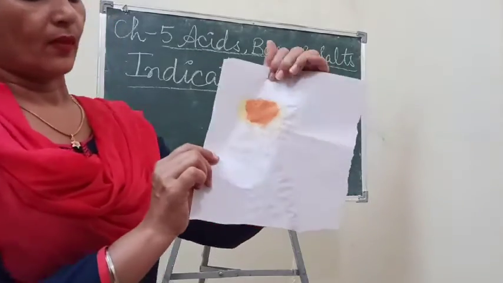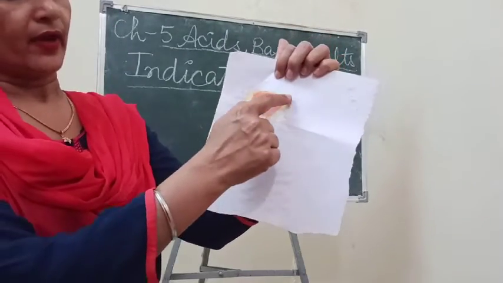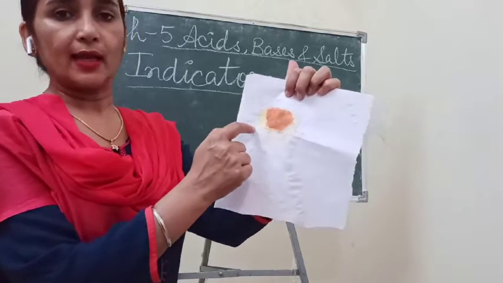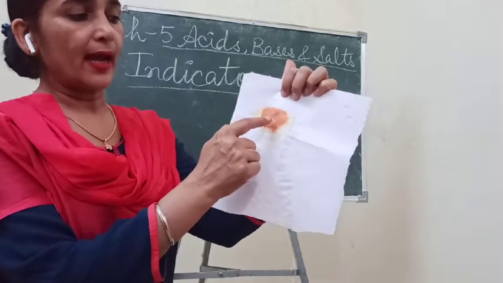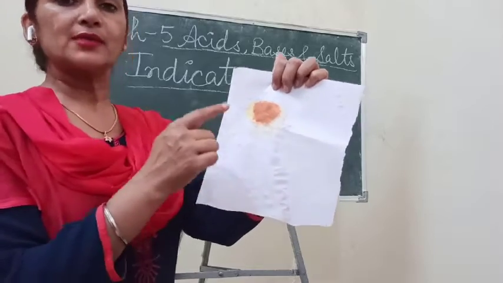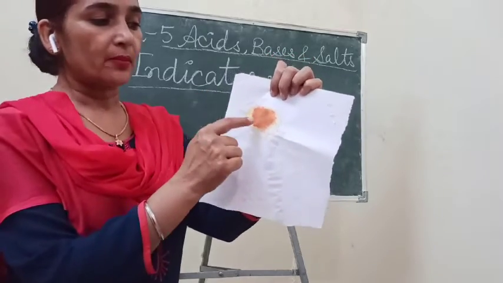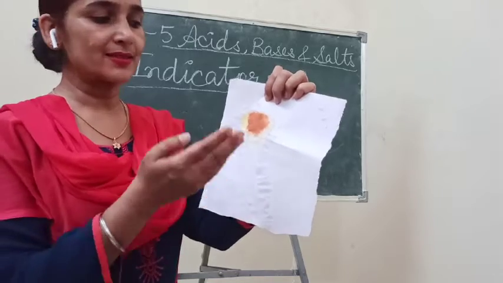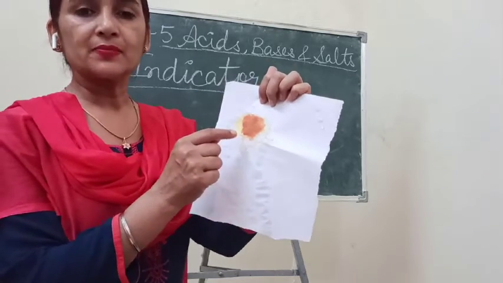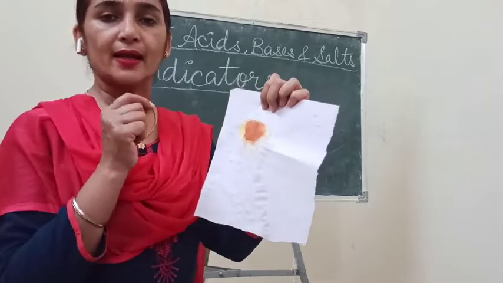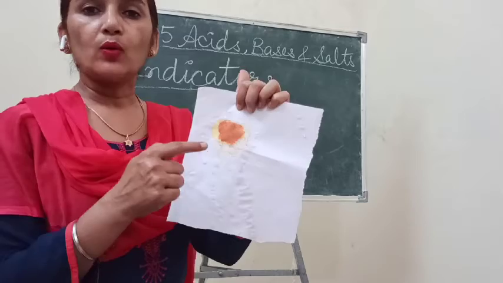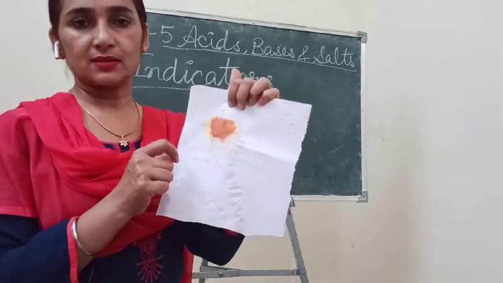See now, where I have not applied soap, the color is yellow. And here I have applied soap, which is basic in nature. Turmeric is a natural indicator, and it tells us that this is a base, because turmeric always turns brownish red with a base.